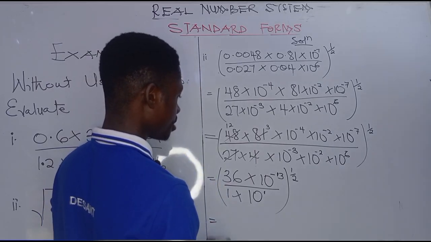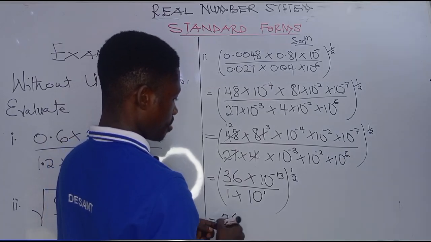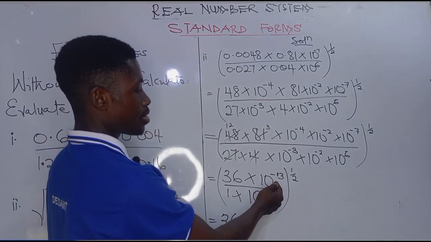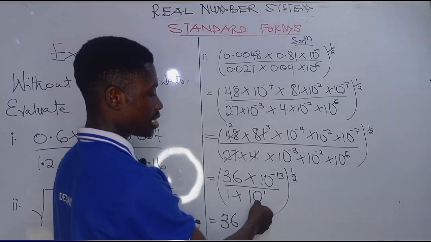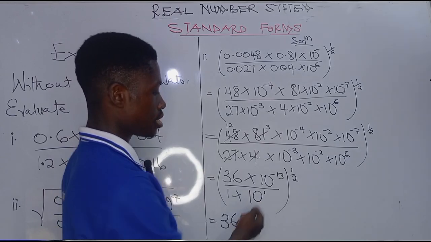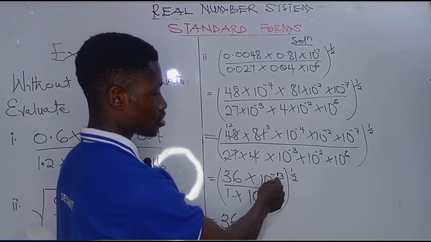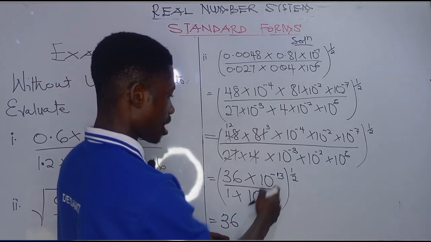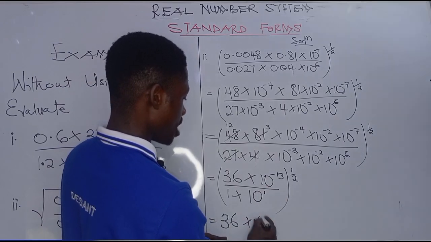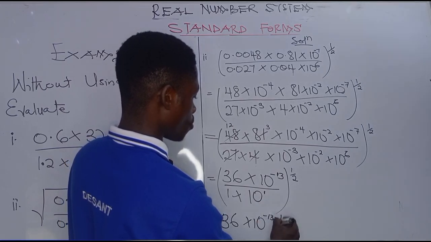Let's continue from here. Now we have 36. Now remember that we also have 10 raised to the power negative 13 dividing 10 raised to the power of 1. Applying the same indices division law, when two numbers are divided and they have the same base, we pick one of the base, we subtract their exponents. So we have times 10 raised to the power negative 13 minus 1.